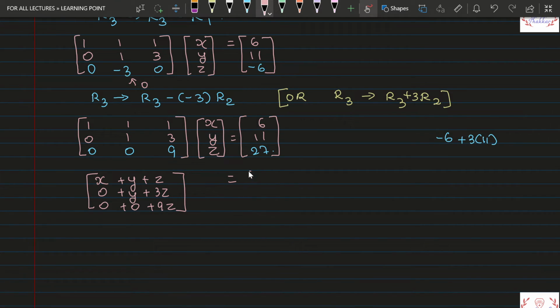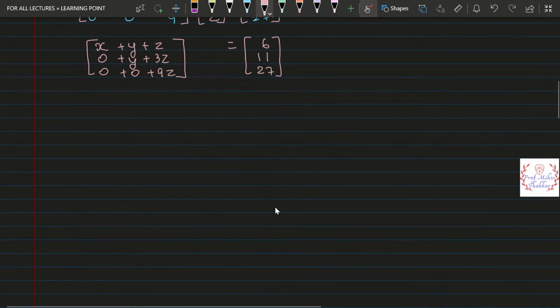This is equal to 6, 11, and 27. Now, because we want to find the values of x, y, and z, we will use equality of matrices.